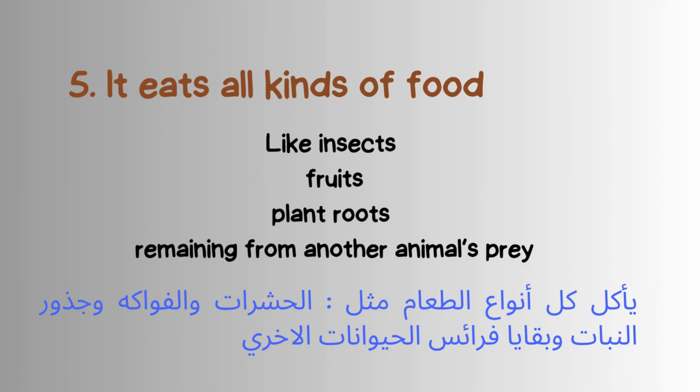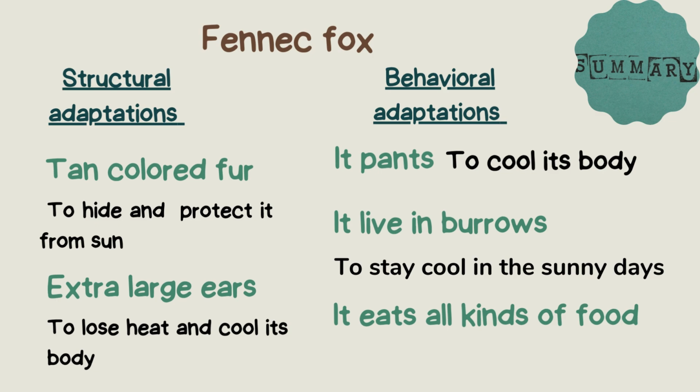Okay. So we can summarize what we said about the fennec fox. We have some features which are structural adaptation and behavioral adaptation. Structural adaptation like tan-colored fur to hide and protect it from the sun. Also, it has extra large ears to lose heat and cool its body.